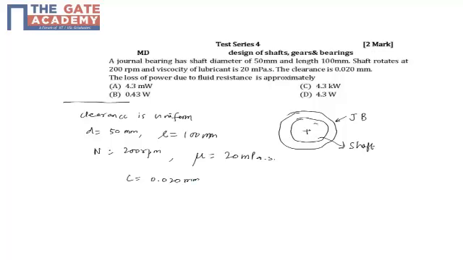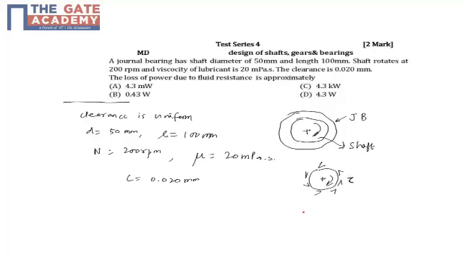When the shaft is rotating like this, the fluid will exert a frictional shear stress in this direction, tau. This tau will act uniformly over the entire circumference and the entire length of the shaft.